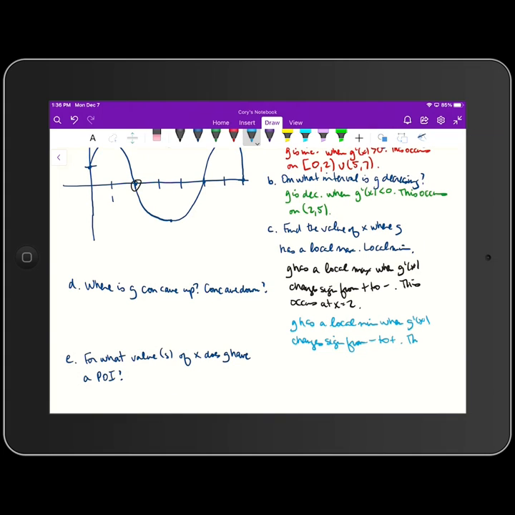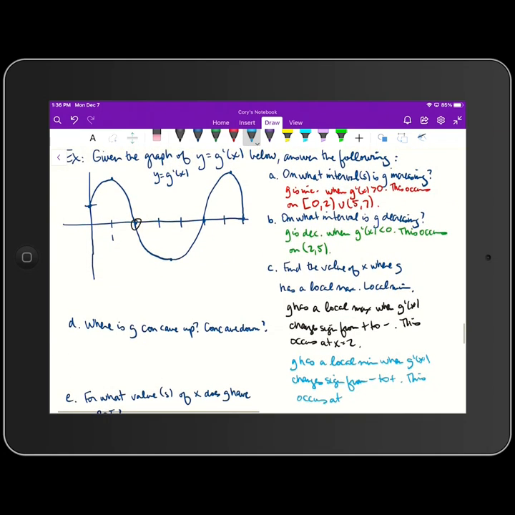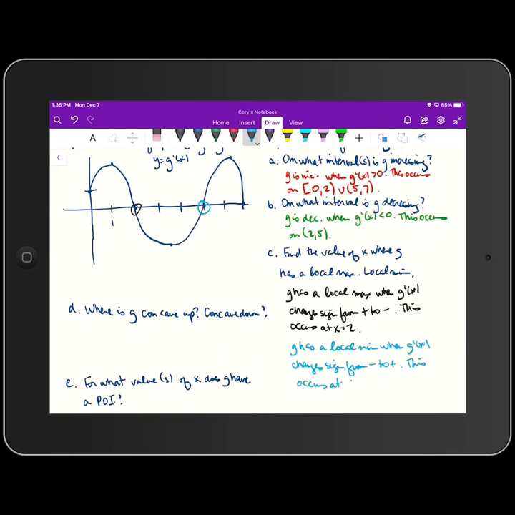And this occurs at, so G prime changes sign from negative to positive at this point right here. G prime is negative to the left of that point and it's positive to the right of that point. So this occurs at x is equal to 5.